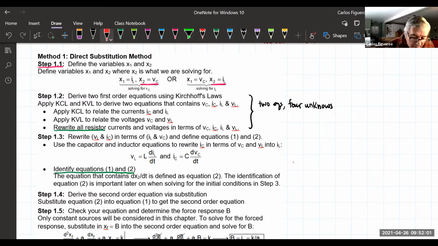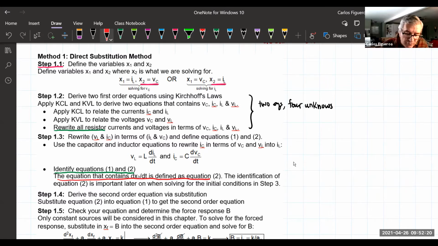The equation that we're looking for is the equation that contains the derivative of variable x2. So I'm going to identify that as equation 2.